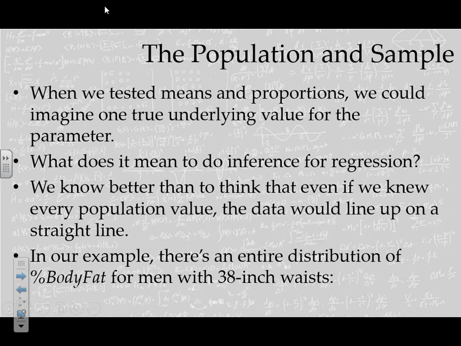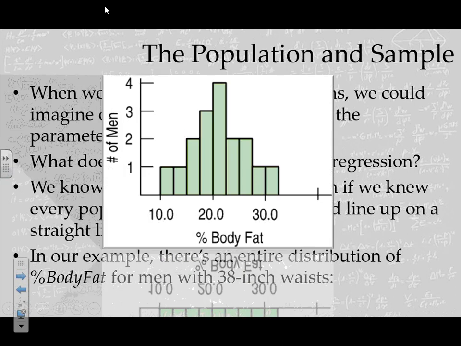For individuals with a 38-inch waist, there's an entire distribution of percent body fats just for that one waist size. If we looked at only the people with 38-inch waists, we have all kinds of different percent body fats that come along with it. So we have an entire distribution that goes with that one waist size.